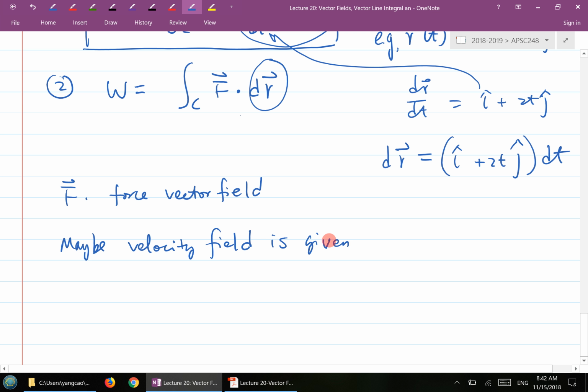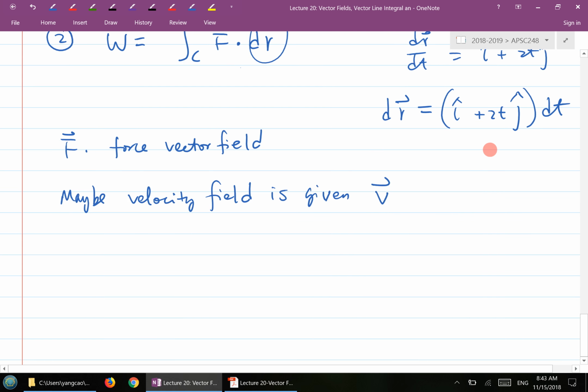That's a velocity field. You use a different symbol now, maybe a capital V, representing this vector field. Then what you calculate is maybe V dot t hat ds. That's just the same concept of vector line integral.